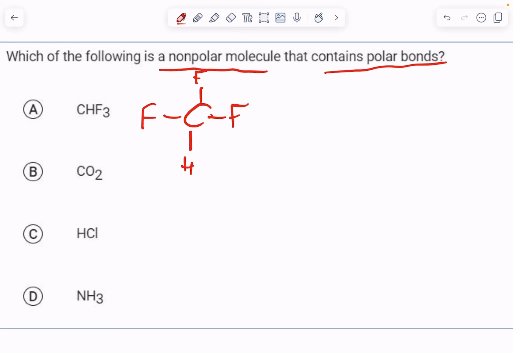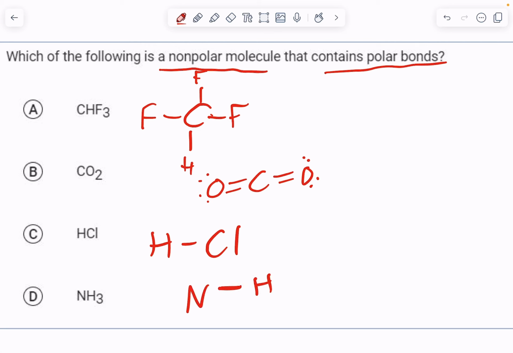We've got CO2 that looks something like this. And we have HCl that looks something like this. And NH3 that looks like this. Okay, so looking at all these options, we want something that's non-polar and has polar bonds.